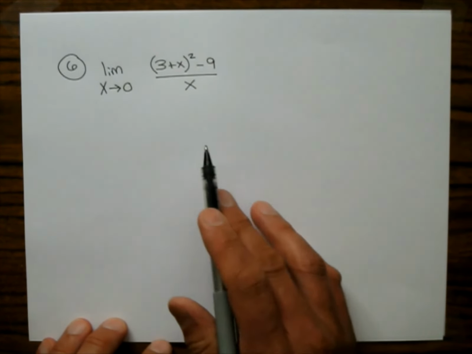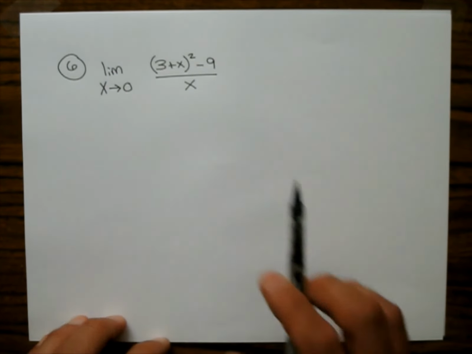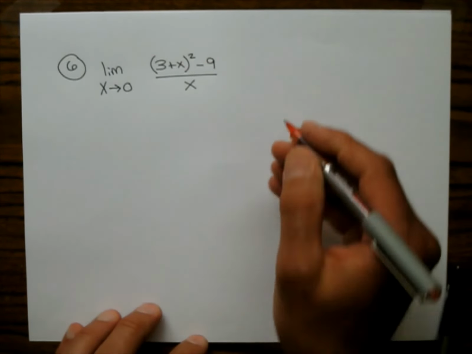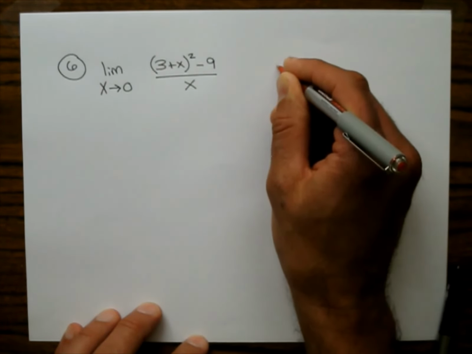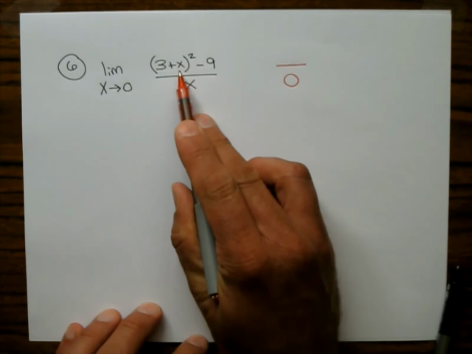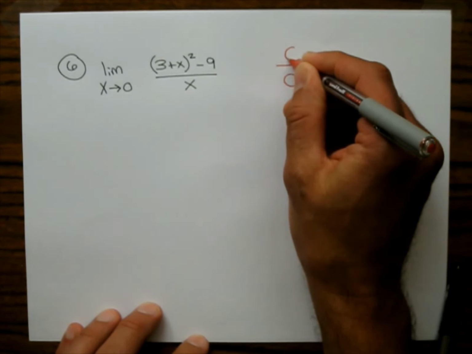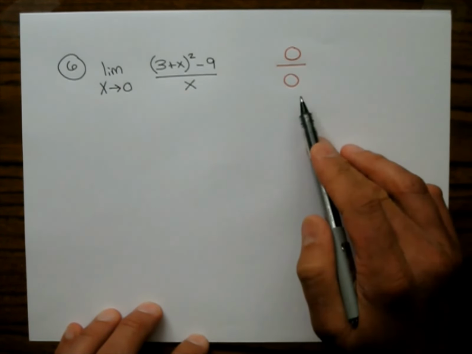I'm going to put 0 in there, and you can already see, look what happens on the bottom. There's a 0 there. So let me go ahead and, in red, I already know something's wrong with this. 0's on the bottom. And then on the top, we end up putting 0 in for x, and we get 0 on the top. Now, just like the last one we got -2 over 0, and this one we have 0 over 0.